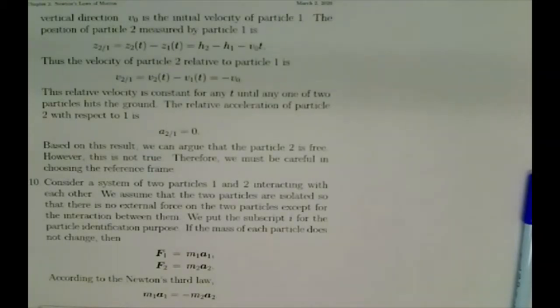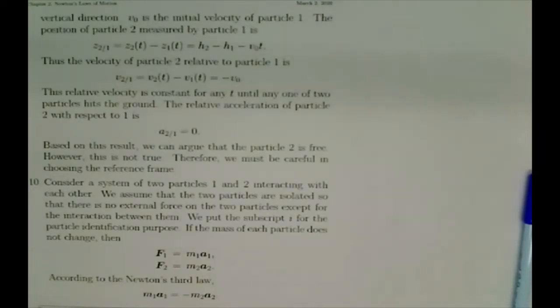If I apply Newton's second law here, Newton's first law, this particle 2 is moving with constant velocity. Okay, then I conclude that there is no force at all. Am I right? No, not at all. It is actually moving, both of them are accelerating.